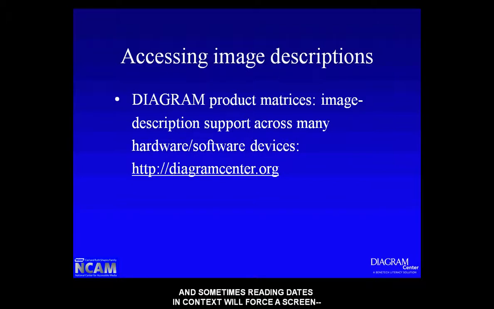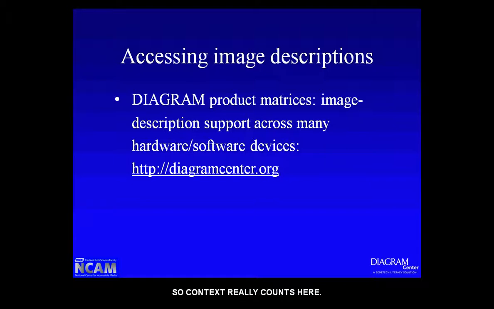And sometimes putting a date in context properly will force the screen reader to say 1960. And sometimes it'll say 1960 as well. However, if you have a number like 1800, if you write it 1,800, any screen reader will pronounce that as 1,800, or I think VoiceOver will say 1,800.